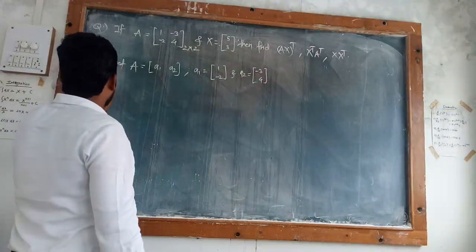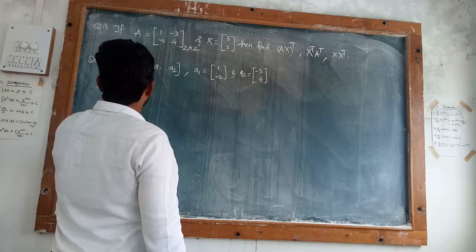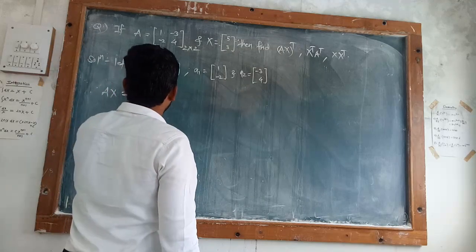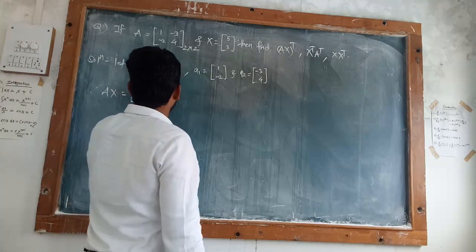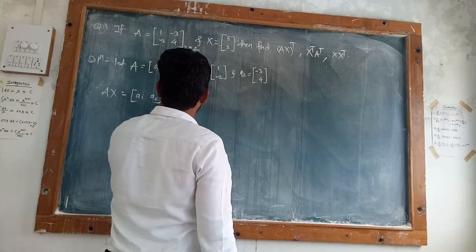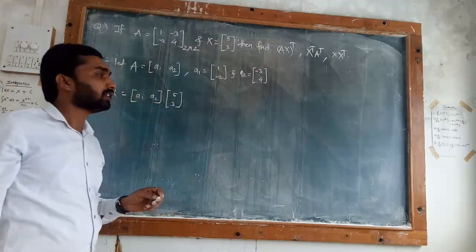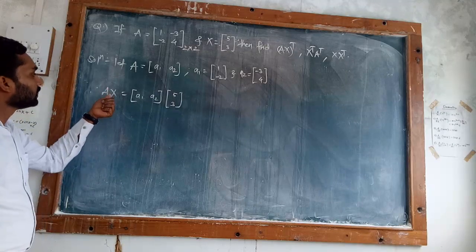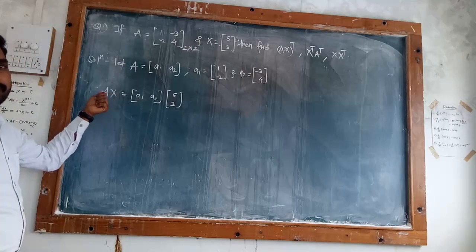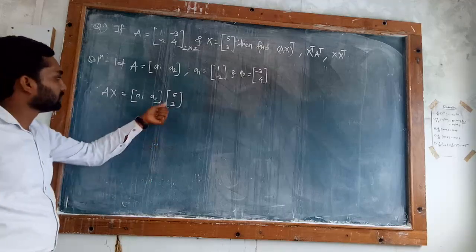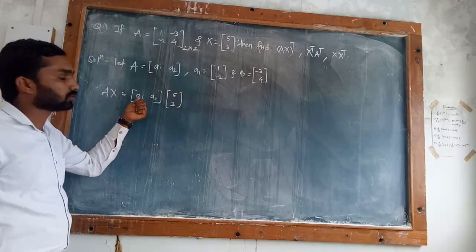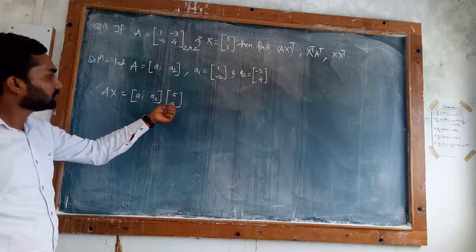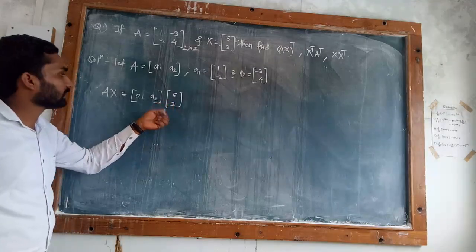So how to find Ax? Your A becomes A1 and A2 and your x becomes 5 and 3. Okay. We have seen in the previous lecture how to find Ax: multiply x on the left side by the matrix A. That means you have to multiply 5 by column vector A1 plus 3 into column vector A2.